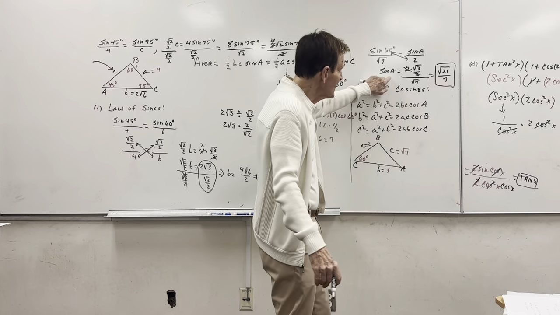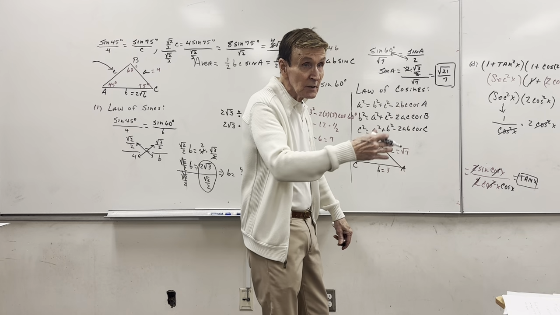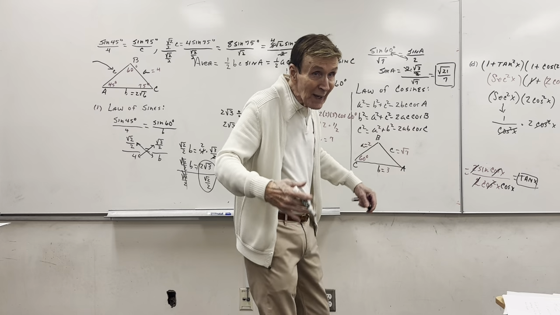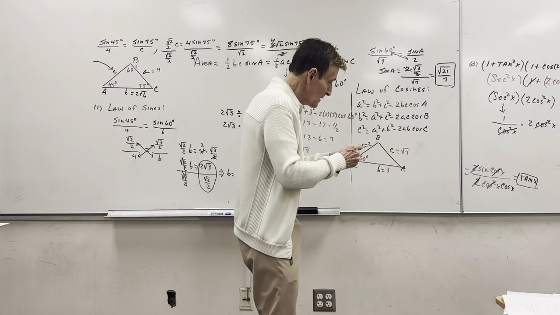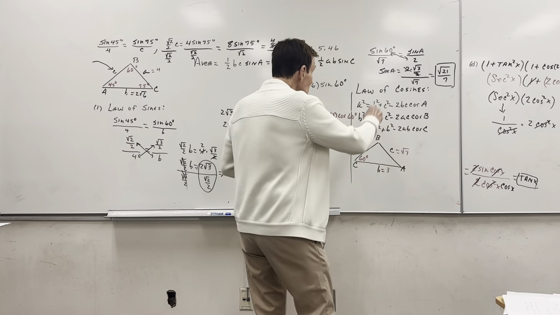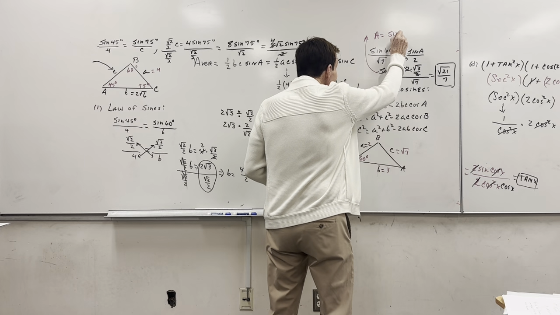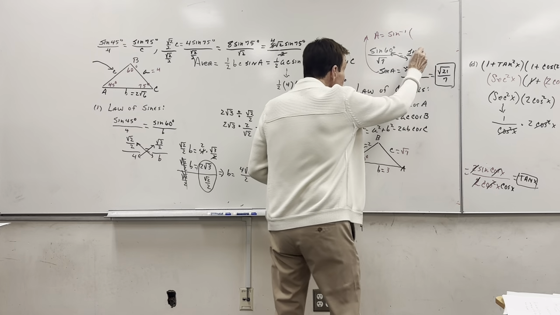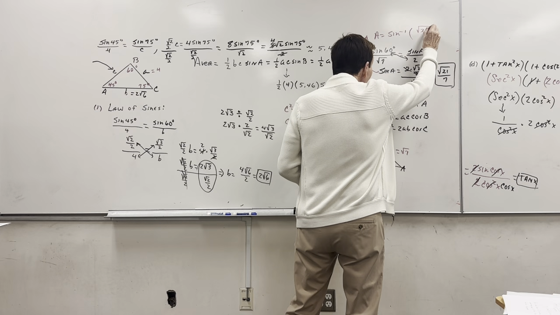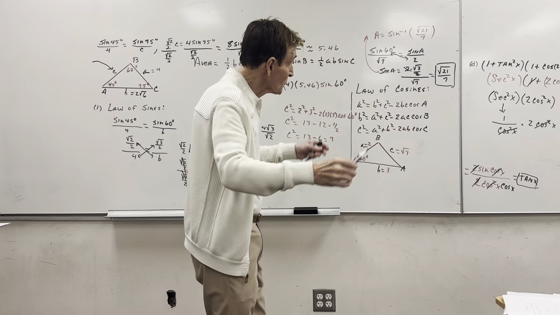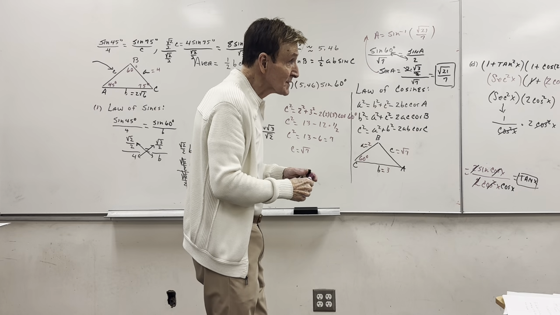I want A. What must you now do to find out what angle A is? Angle A is not that. You have to take the inverse. So A is equal to inverse sine of that strange number. I cannot do this on the exam unless I give you numbers you can recognize.